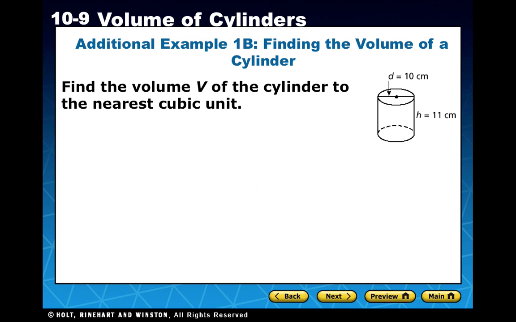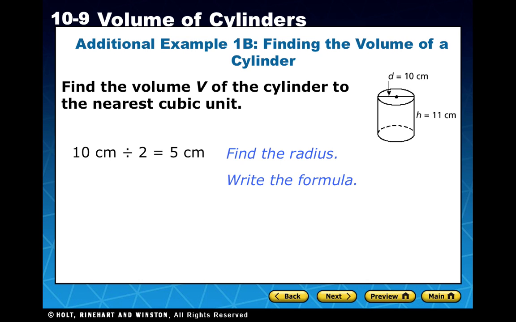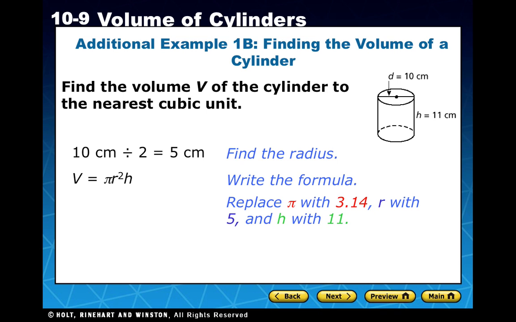Alright, again we are going to find the volume of this cylinder, and our radius is going to be 5 since the diameter is 10. And we're going to use the base area, pi r squared, times height. We're going to use 3.14 for pi, and then our radius is 5.